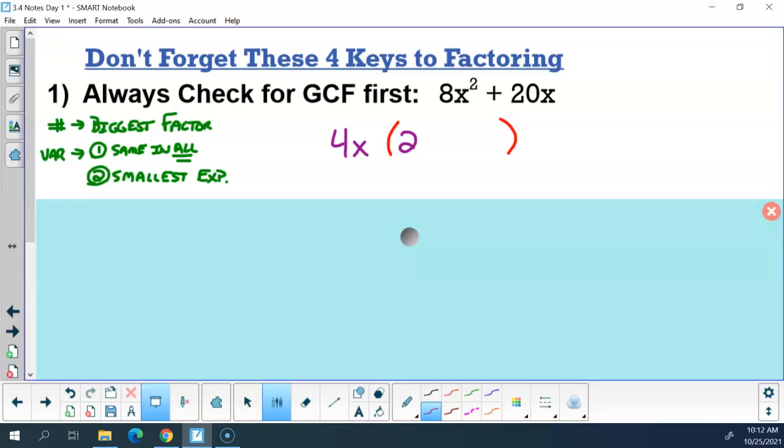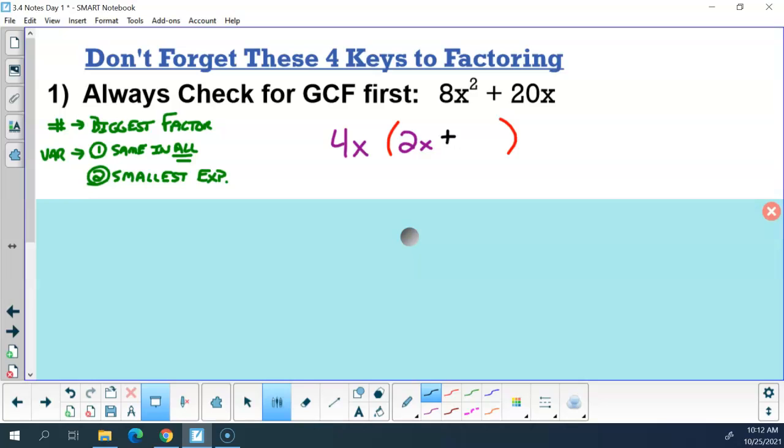X. So this first term in the parentheses is going to be 2x. The sign, the operation in between them, doesn't change unless you factor out a negative. Okay? If you factor out a negative, then all of the signs inside the parentheses will become the opposite.